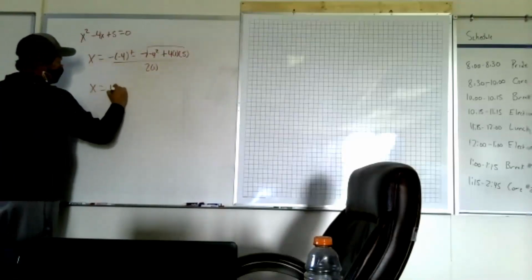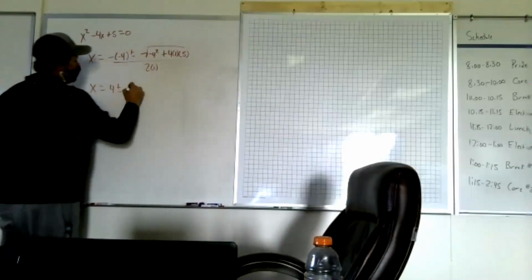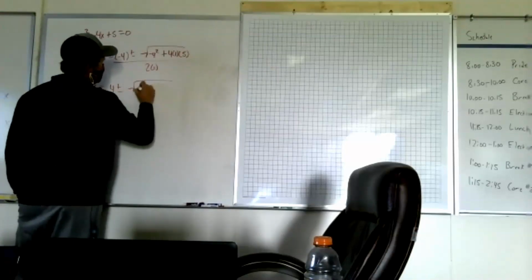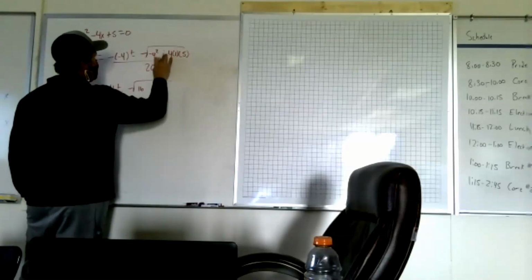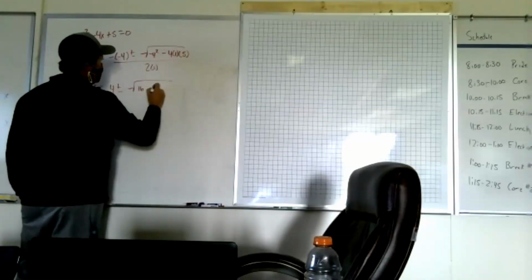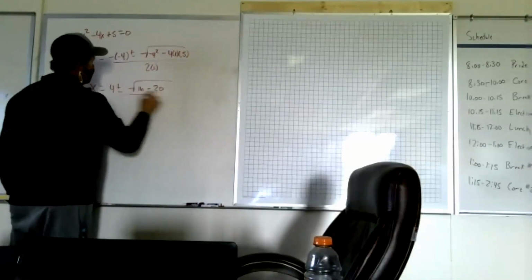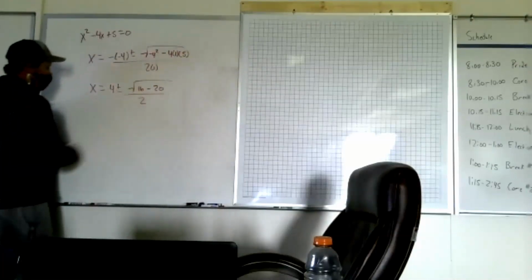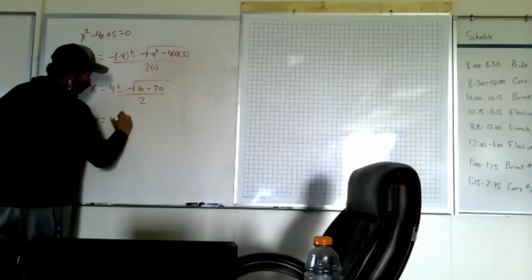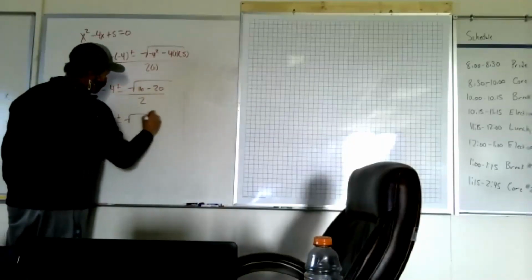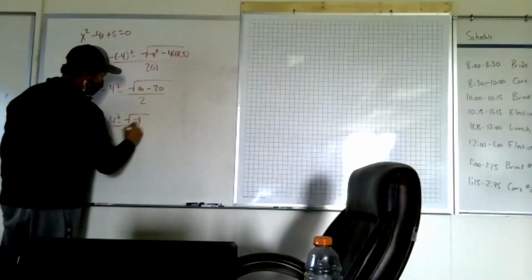X is equal to 4 plus or minus the square root of 16 minus 20, all over 2. 16 minus 20 gives me a negative 4. So x is equal to 4 plus or minus the square root of negative 4, divided by 2.